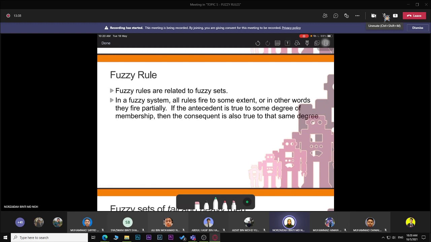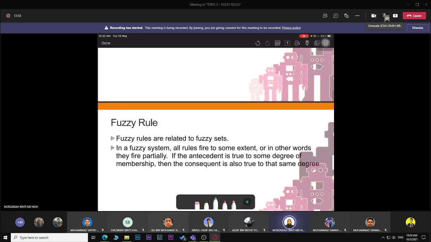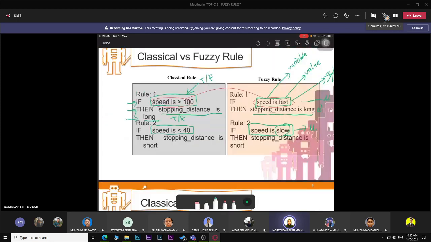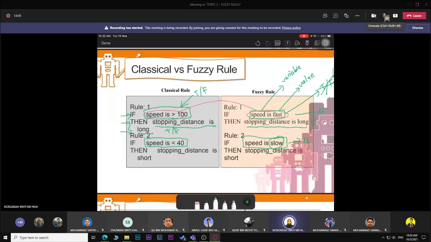However, in a fuzzy system, the firing is a little bit different. The firing of the rule will have some partial value. Okay? So if the antecedent is true to some degree of membership, the same degree of membership will be applied to the consequent. So the consequent is also true to the same degree. For example, take the rule just now, rule number 2 here.